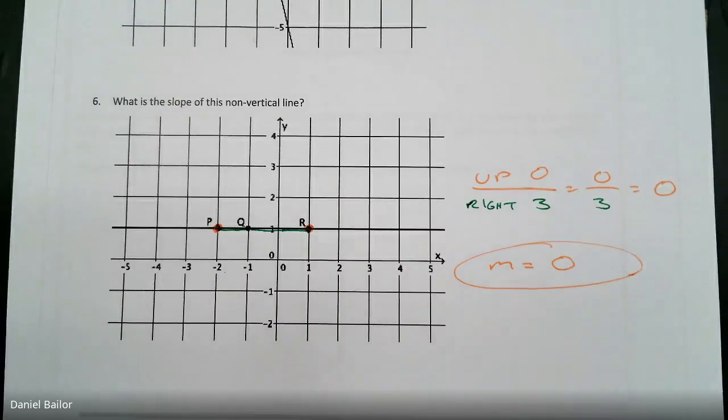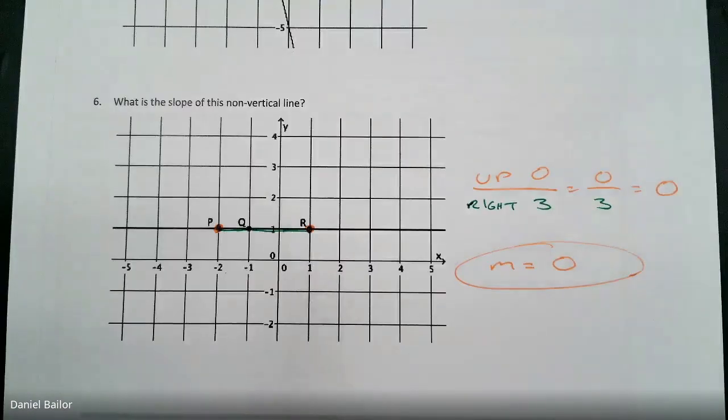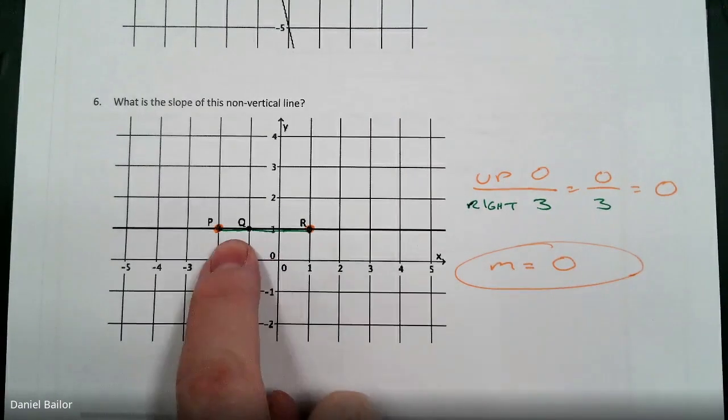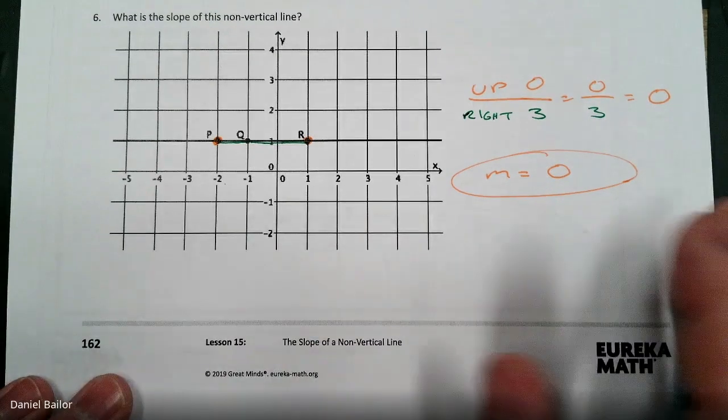And that makes sense because if you remember back in number 3, slope and steepness are the same. So slope is the same as steepness. This has 0 slope because this is not steep. It is flat. It is horizontal. So to summarize, this is another important skill.